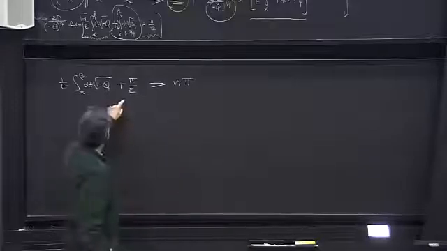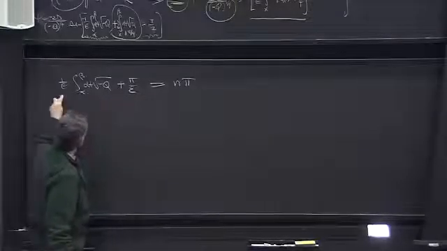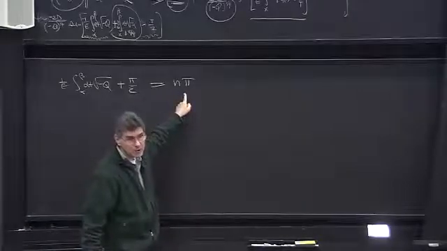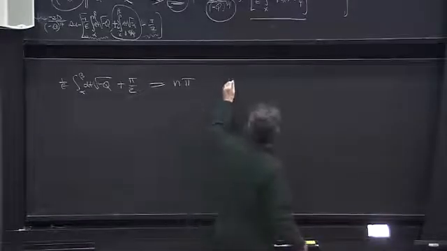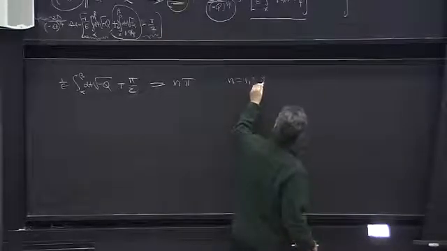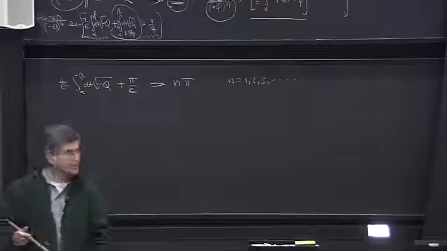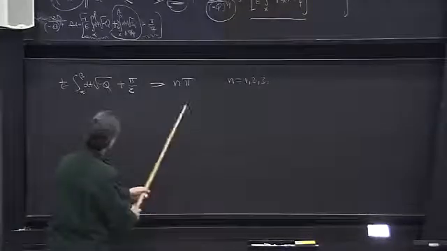And because this is a positive number and that's a positive number, this would have to be a positive multiple of pi. Here, n would have to be 1, 2, 3. It couldn't be 0 pi or minus 4 pi or something like that. That's the condition.